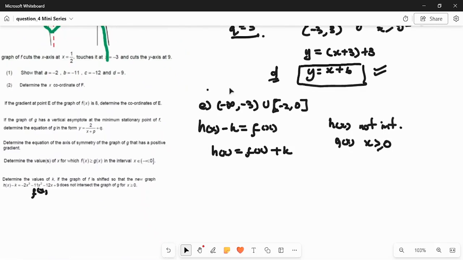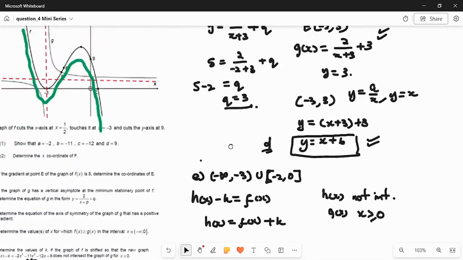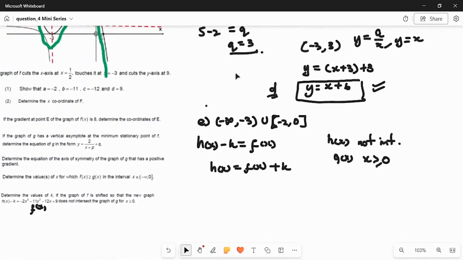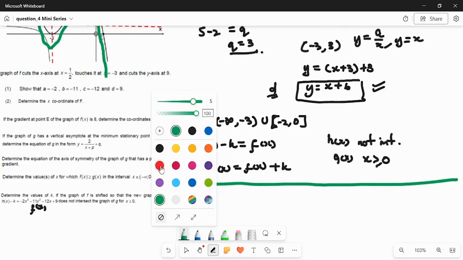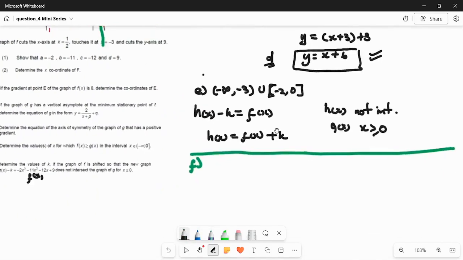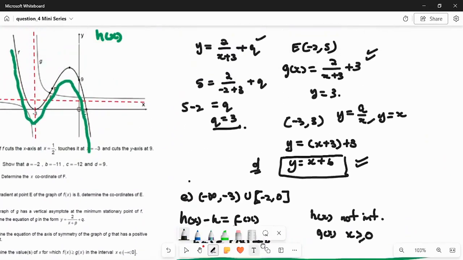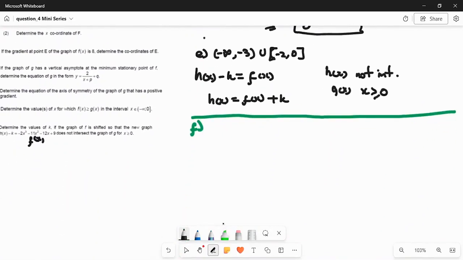So let us make an equation that satisfies this graphical presentation here. First we need to know where our g of x is intersecting that y-intercept. This is for the last question, which is number F. Go back to my black pen. So what's the equation of the hyperbola? Okay, it's easy.